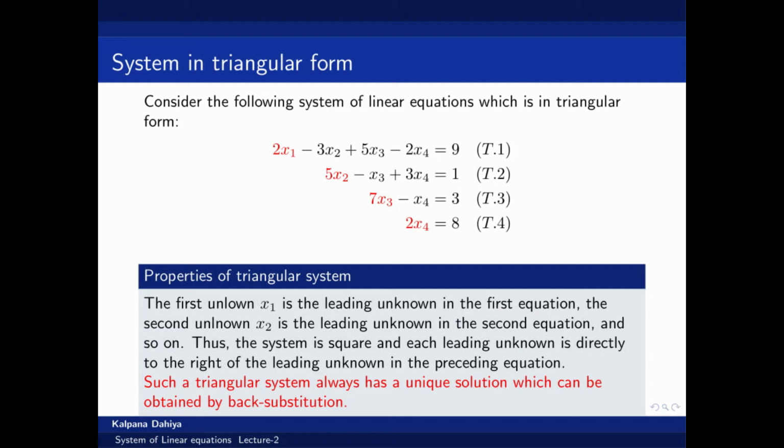So all the variables appearing in the system are leading variables. Thus the system is always a square system, and each leading unknown is directly to the right of the leading unknown in the preceding equation. Such a triangular system always has a unique solution, which can be obtained by back substitution.